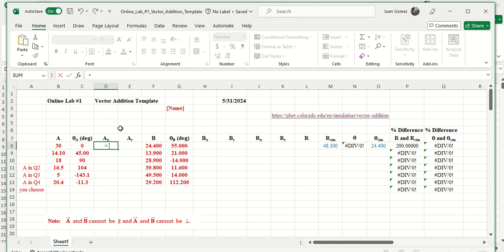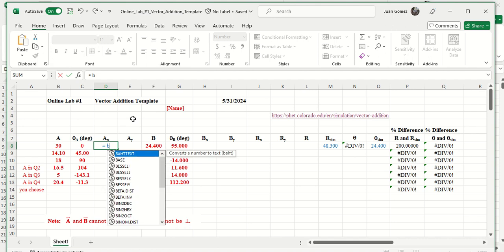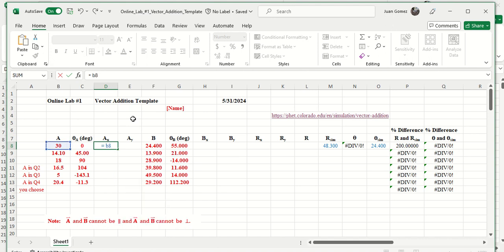The magnitude of A, which is 30, is in cell B8. So we do equals B8, and notice the cell B8 is highlighted. Then times, which is the asterisk symbol, and remember it's the cosine of the angle. Theta A is in C, so it's cosine C8.